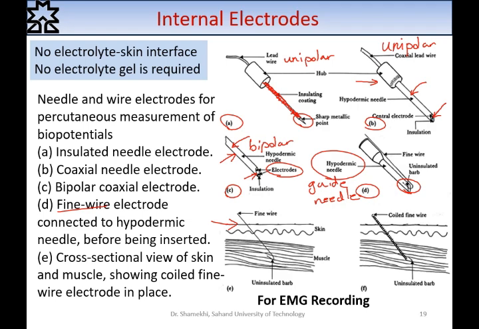But we have a fine wire, and unfortunately the wire is fragile because we have some different layers: skin, fat, and muscle, and the contraction of these tissues are different.